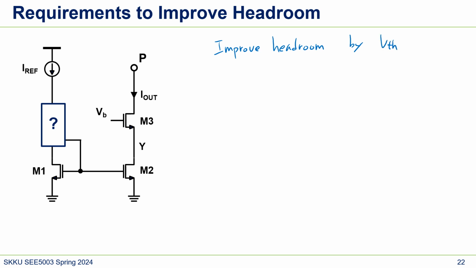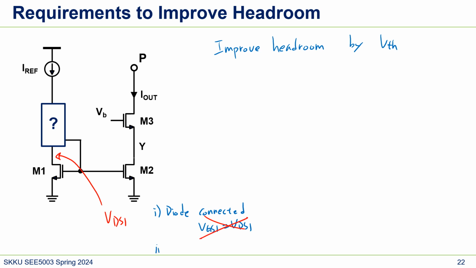And it turns out the only way we can do that is to reduce this voltage, this VDS1. In the diode connected cascode current mirror, the first structure, VGS1 was VDS1, but this is not what we want, because of the headroom issue.